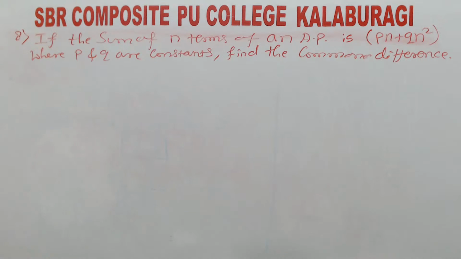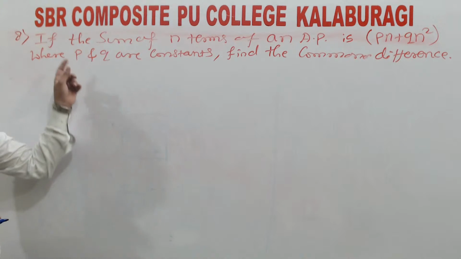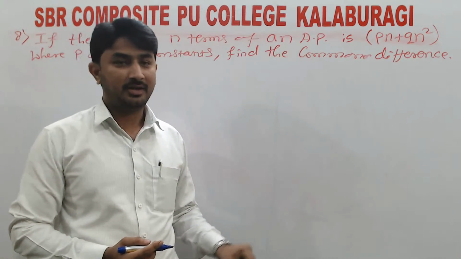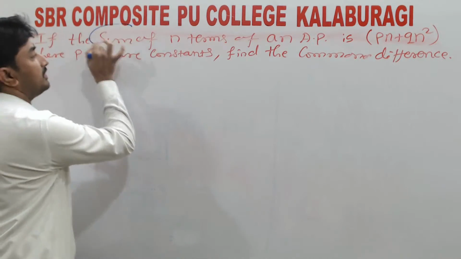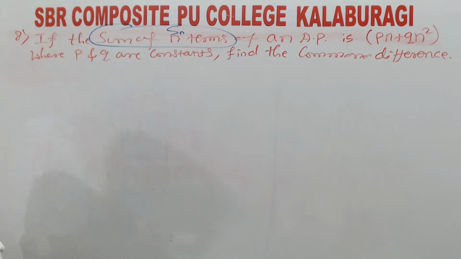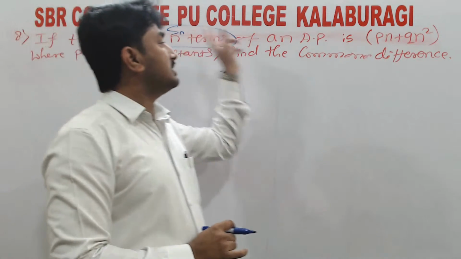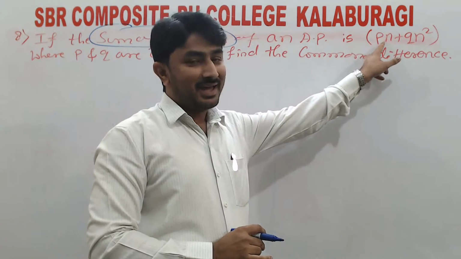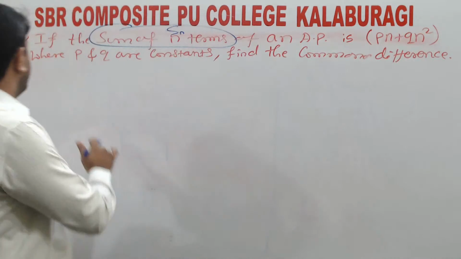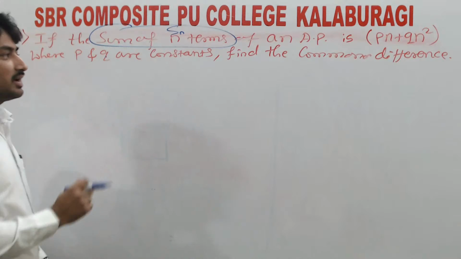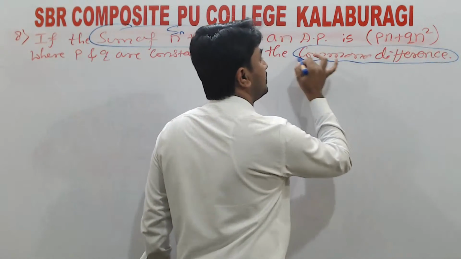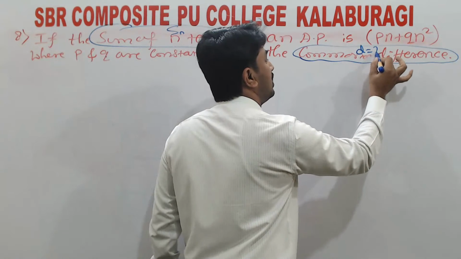Here, I repeat once again. If the sum of the n terms of an AP, it means they are given the sum of n terms, which is the value of Sn. They are given Sn is equal to Pn plus Qn square, where P and Q are some constants. Then find the common difference. Common difference means D is equal to how much?